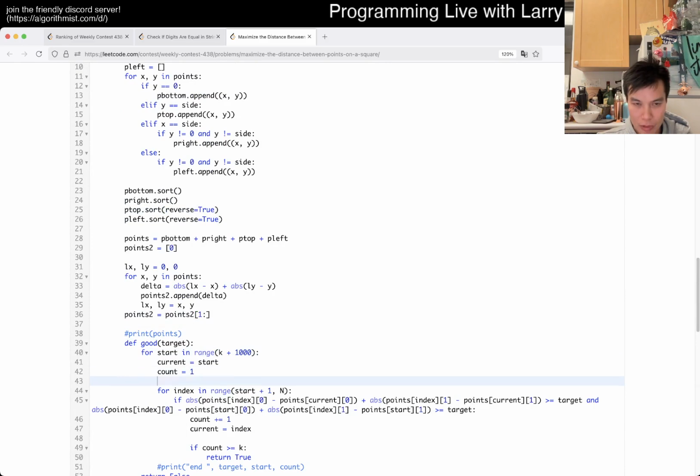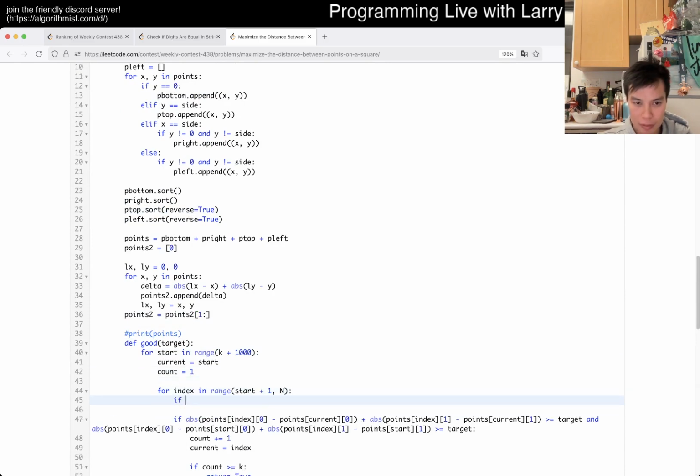Okay, so then now that means that if points of index minus points 2 of current is greater than target, and points 2 of index minus points 2 of start.